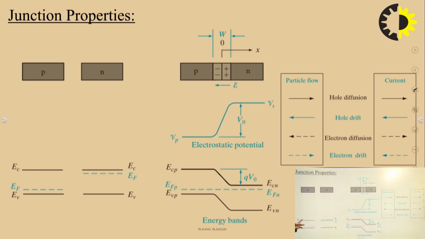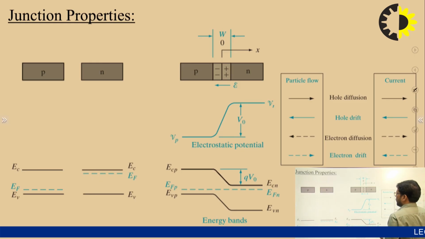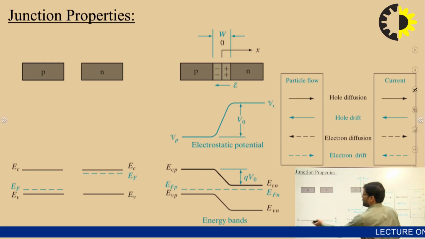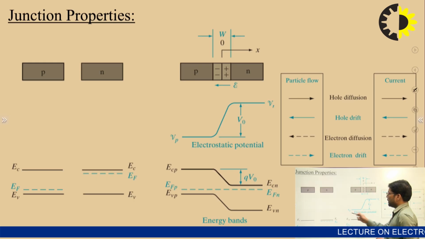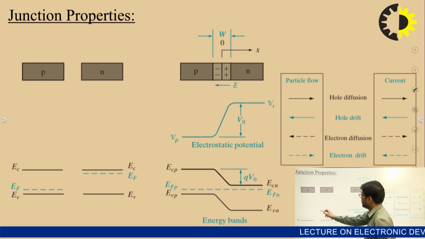While making the junction, this Fermi level becomes uniformly distributed over the entire device. So you can see this Fermi level is making a single Fermi level within the device, and due to the single Fermi level, the energies of the p-type and n-type semiconductors go down.